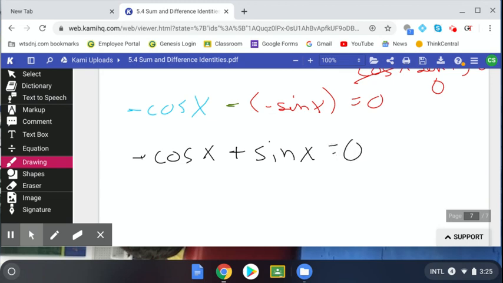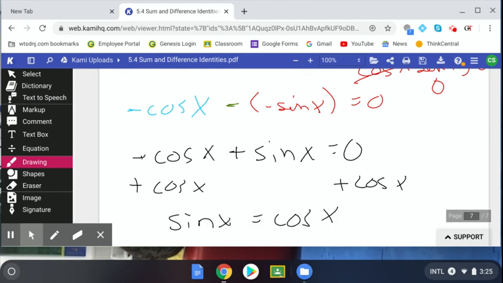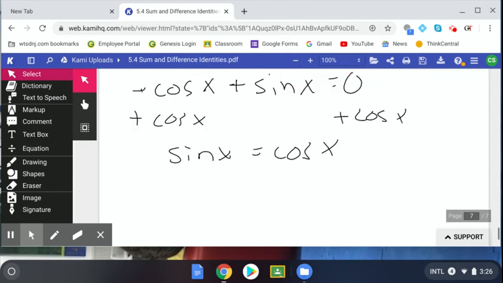I personally added cosine x to both sides, and I got sine x equals cosine x. So what is the angle that has values for sine and cosine the same? And the answer is 45 degrees, or pi over 4.